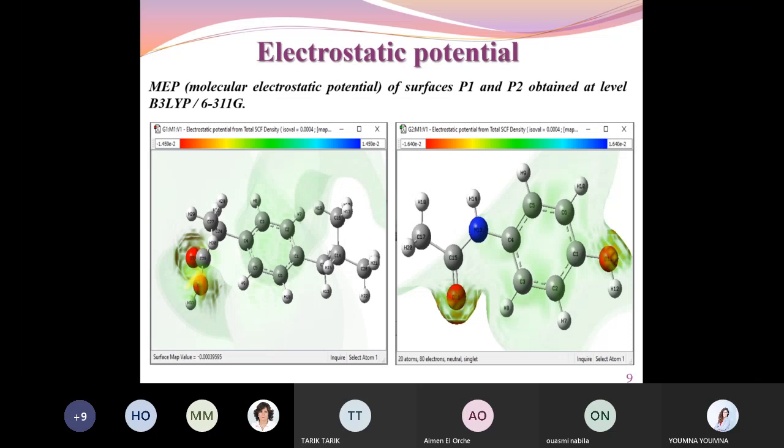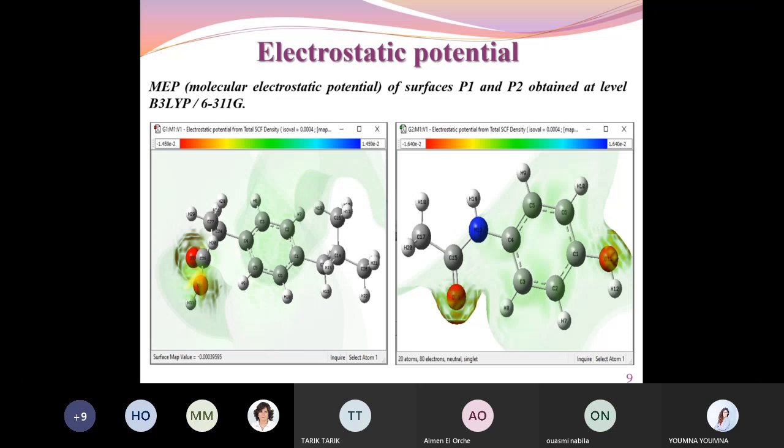The electrostatic potential on the surface of the molecule is presented by different colors. The red parts indicate the regions of negative electrostatic potential. The blue represent the regions of positive electrostatic potential, and the green parts represent the regions of zero potential.